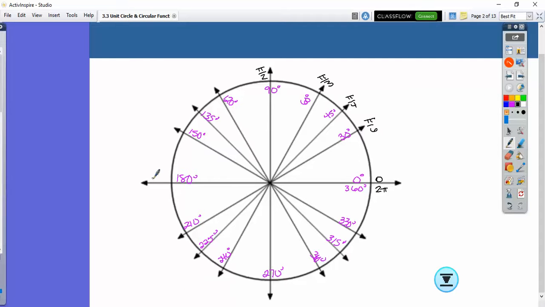If we jump down here, 180 is pi. And then we talked a little bit about the reference angles. All of these will have a reference angle of 30, which is pi over 6. So all these will be something pi over 6.